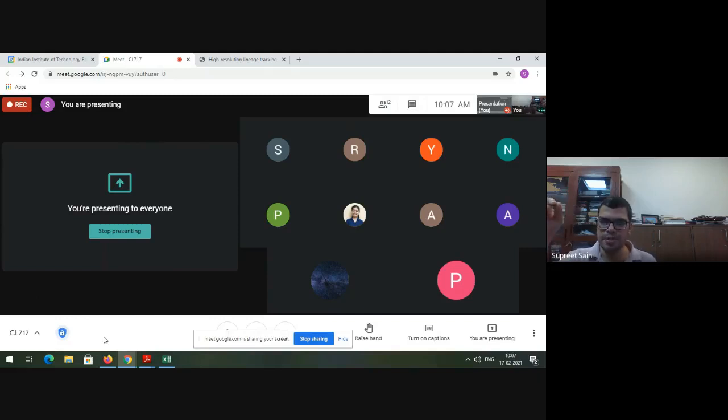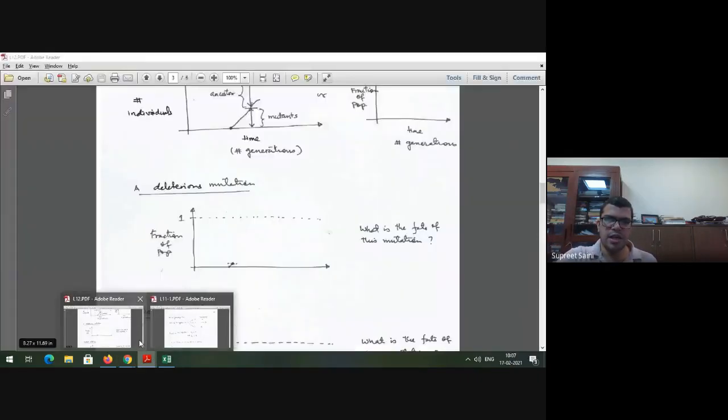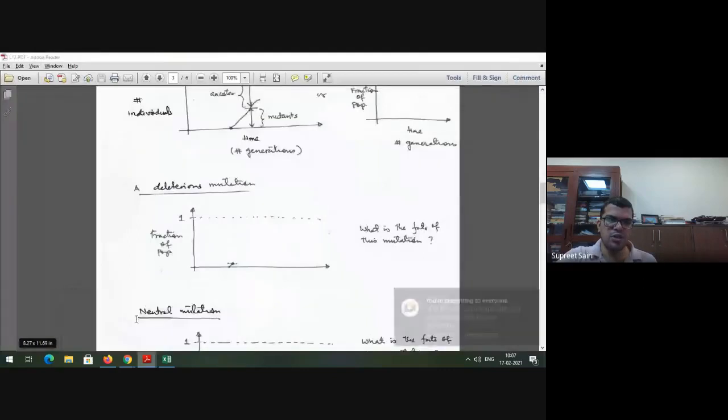If a mutation is present in 10 individuals in a test tube of bacteria, there is no way you can detect that mutation. So in order to detect the presence of a mutation, you need it to spread among at least a few individuals, and that is not going to be the case with most deleterious mutations. Hence, in a representation like this, a deleterious mutation is actually not even observed.